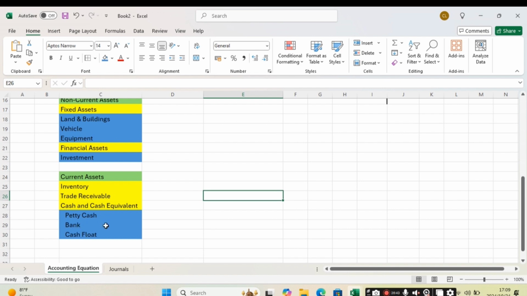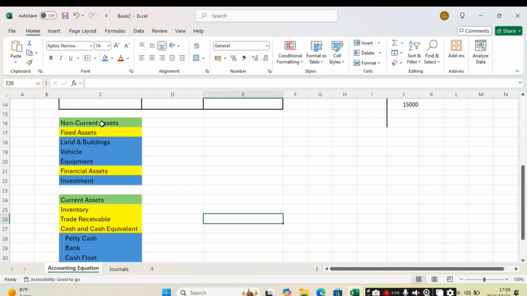So these three things make up our cash and cash equivalent. Under cash and cash equivalent, we have petty cash, bank, and cash float. But then our current assets are inventory, trade receivables, and cash equivalent. I hope this makes sense.